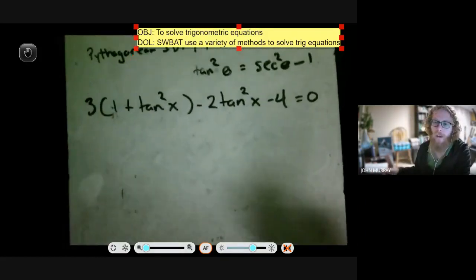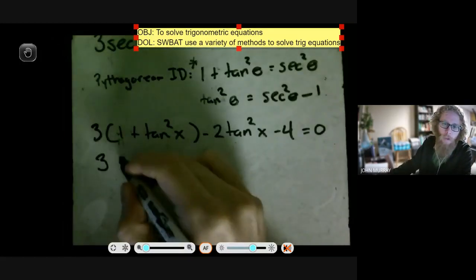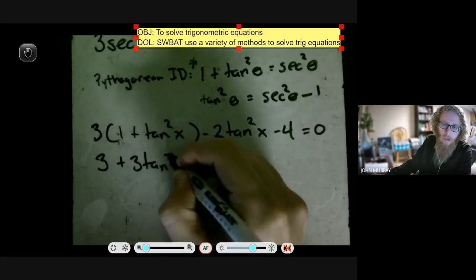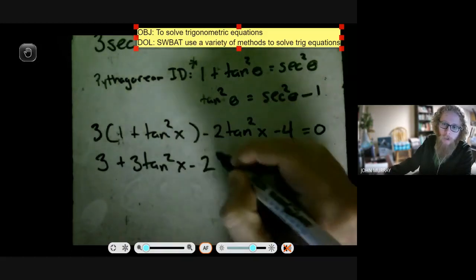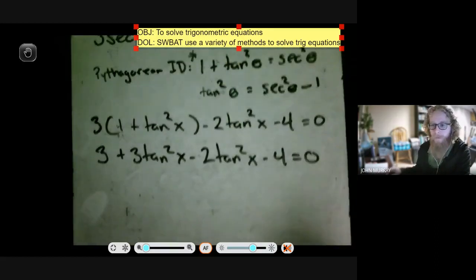From here, we can distribute. That's the first thing that we have to do. 3 plus 3 tangent squared x minus 2 tangent squared x minus 4 equals 0.